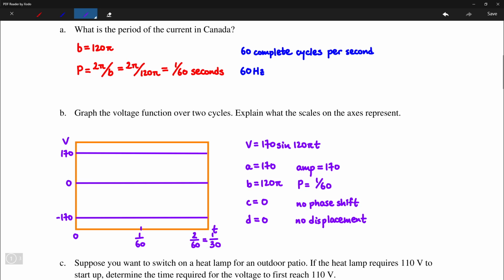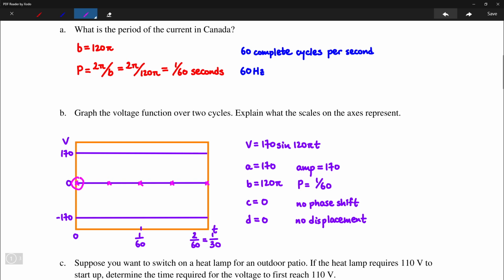Okay, so given that we are working with a sine function, the sine function starts at 0, and then it will be at 0 again, or the midline again, at the halfway point, and it will end the cycle at the midline. Okay, and then it will repeat itself. And so we know that at the start, the middle, and the end of the cycle, the voltage will be on the midline.